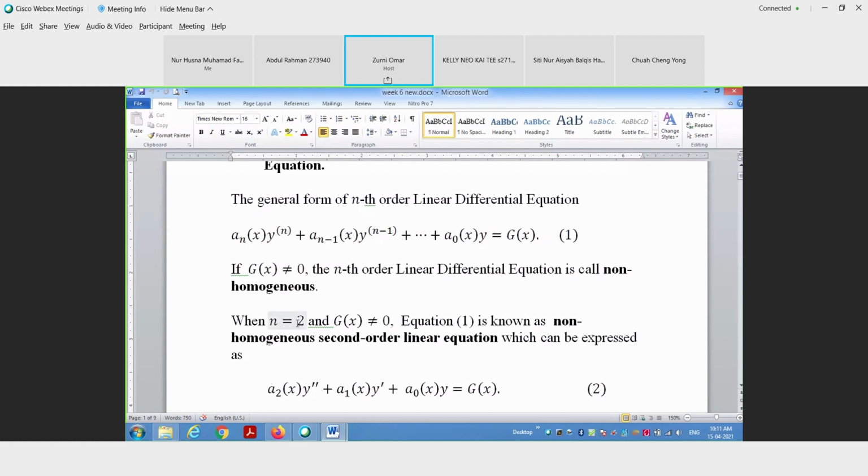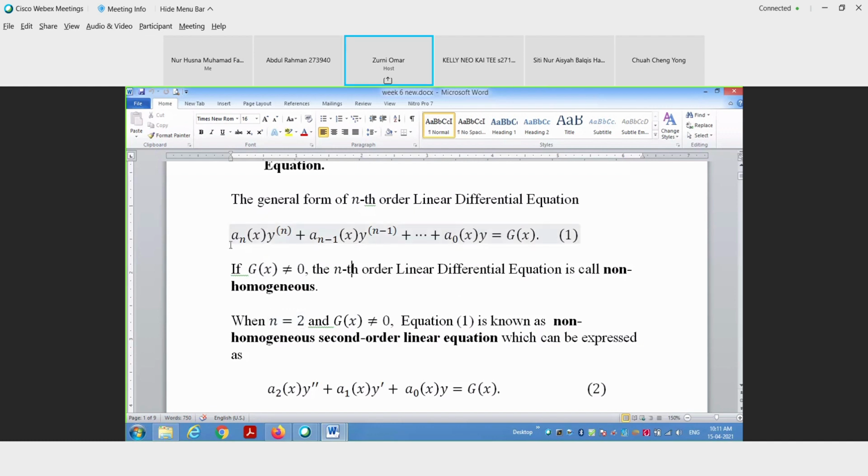When n equals 2, and when g(x) is not equal to 0, we have the non-homogeneous case. When g(x) equals 0, we have the homogeneous case. When n equals 2, we have second order.